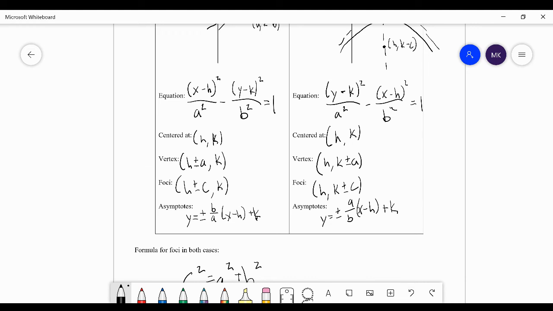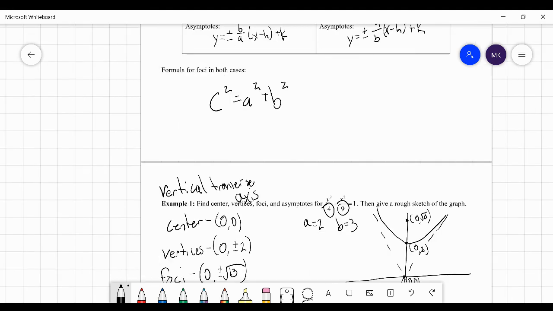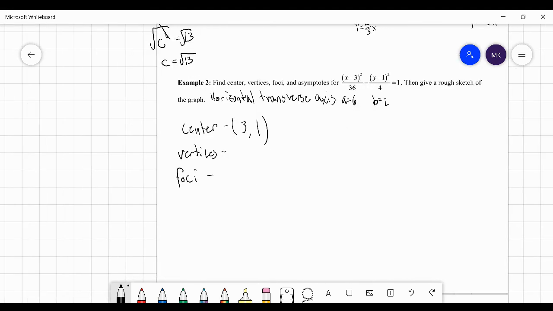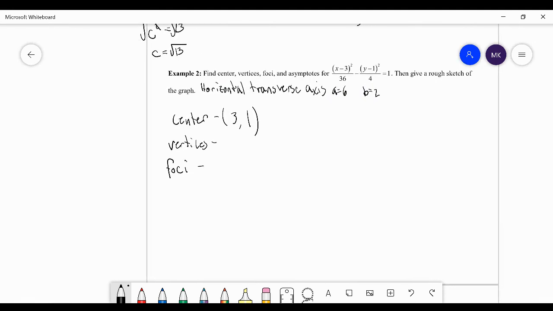And so we have H plus or minus A, comma K. So our H value is 3. Our A value is 6. So our vertices are going to be 3 plus 6, comma 1, which is 9, comma 1. And our other vertex is going to be 3 minus 6, comma 1, which is going to give me negative 3, comma 1.